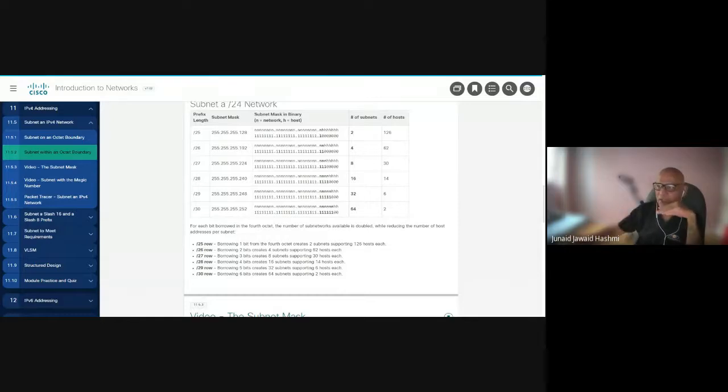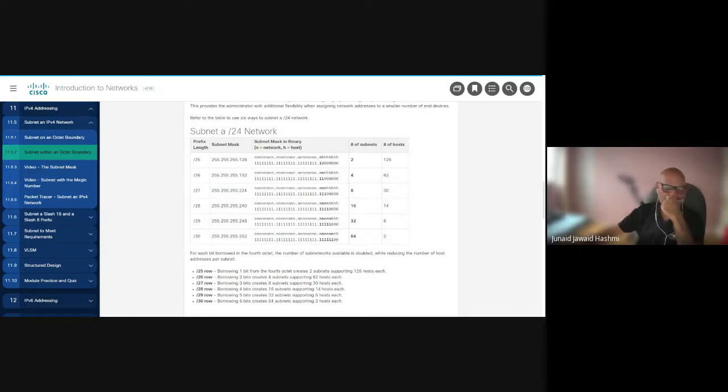Okay, so here, number of subnets. If you have a 24-bit network, it's a Class C network, right? And if you borrow two bits, you have number of hosts 126, and then your prefix length would be 25, and then you calculate the subnet mask for the whole network.